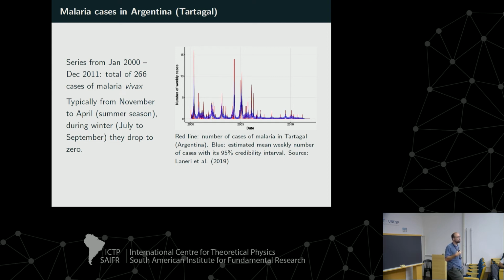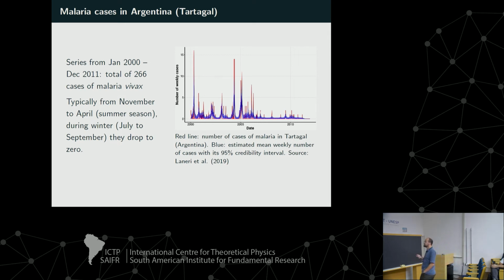But this is for the city of Tartagal, a city with 80,000 people, so this is a very low number of cases. I think it's reasonable to assume that this is essentially driven by climate, so we should expect to have strong climatic signals. We expect this to work.